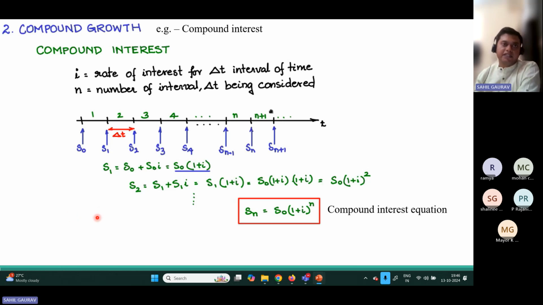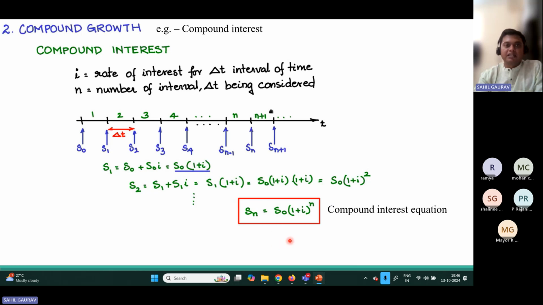Similarly, you have compound growth, where we use the compound interest method. This is the most typical method, and most banks and everywhere use it. So if nothing is given in the problem, then you have to use the compound interest method.